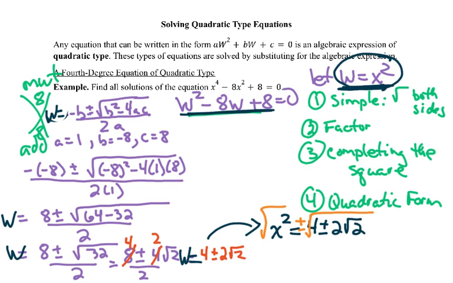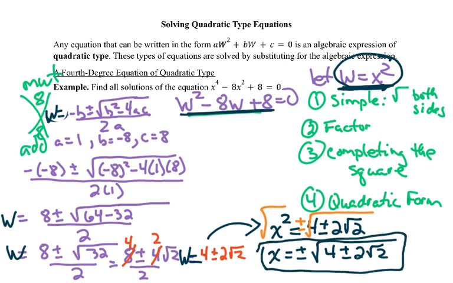And what is this going to give us? It'll give us x equals plus or minus the square root of 4 plus or minus 2 radical 2. That's different looking, and that is exactly how I would leave my answer. Don't try to square root within those square roots. I would leave it in this form right here.